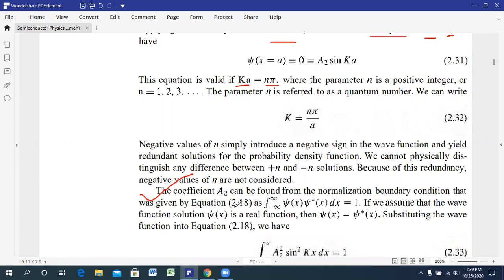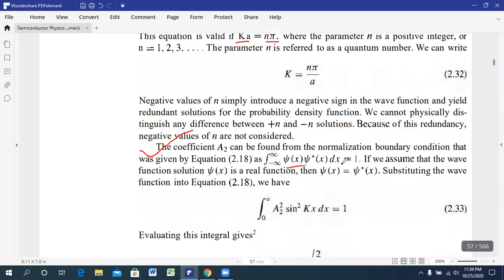That one is given in the equation. Equation 2.18 is the other boundary condition: the integral of psi of x times the conjugate of psi of x, from minus infinity to infinity, should be equal to 1. If this equals 1, then for a real function, psi of x is equal to its conjugate. So these two are the same.